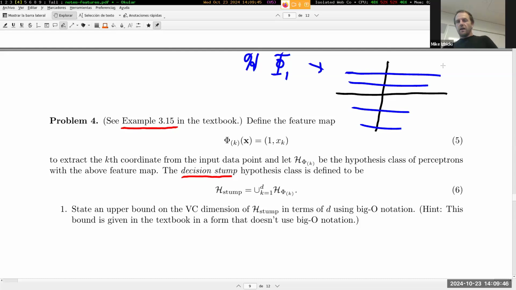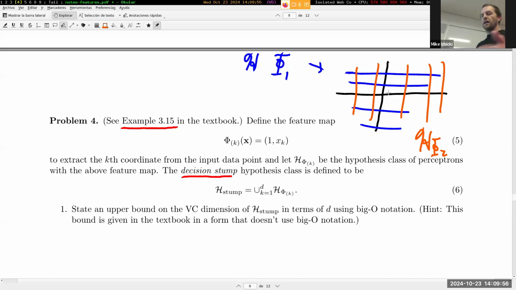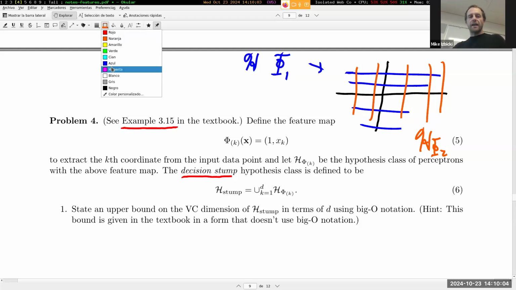And then h sub phi 2 does linear classification along the other dimension. These decision stumps are very closely related to the h-axis and h-axis 2.